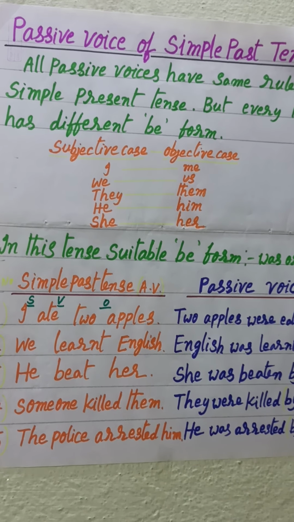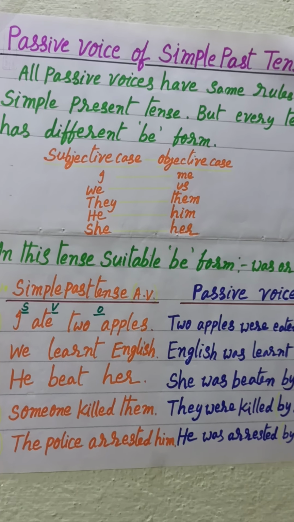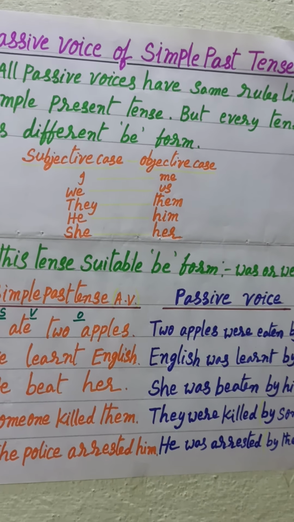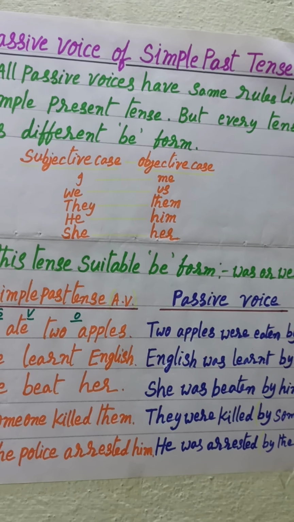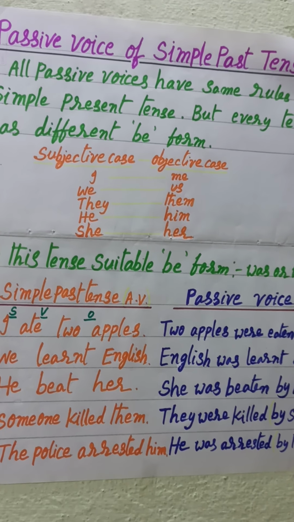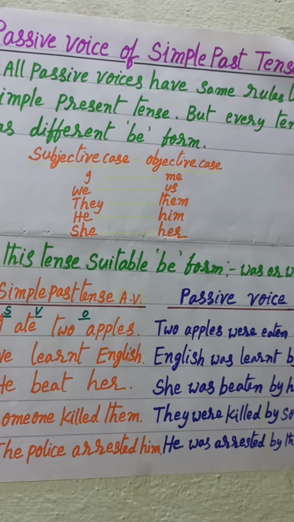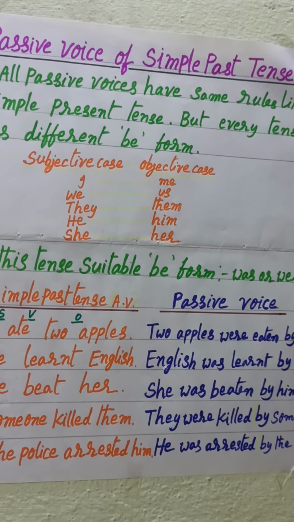We don't know the subject in this sentence, so here we need not write the subject. So in the passive voice, they were killed.